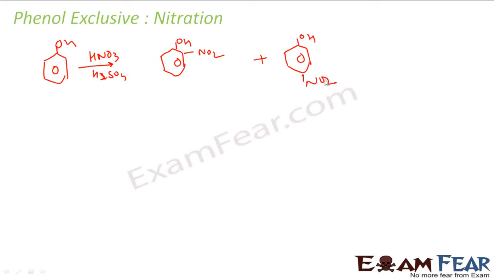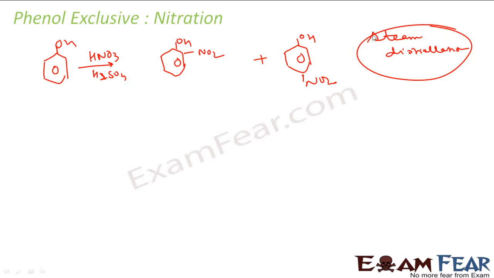Why? Because the para isomer has intermolecular hydrogen bonding, so its boiling point is high. The ortho isomer has intramolecular hydrogen bonding, so its boiling point is less. So you can easily separate them by steam distillation because they have different boiling points.